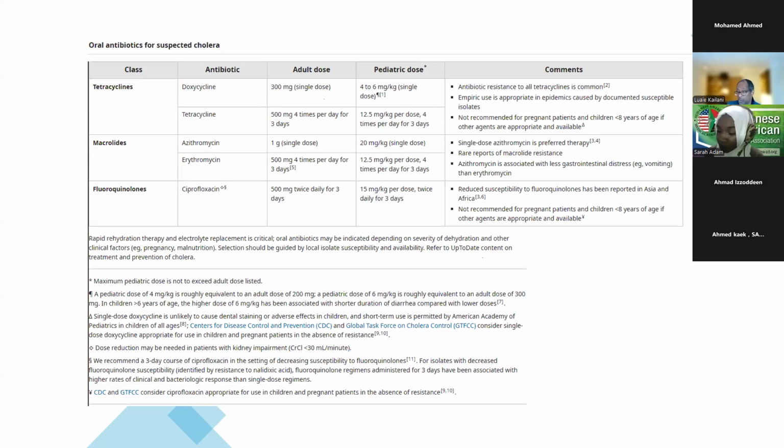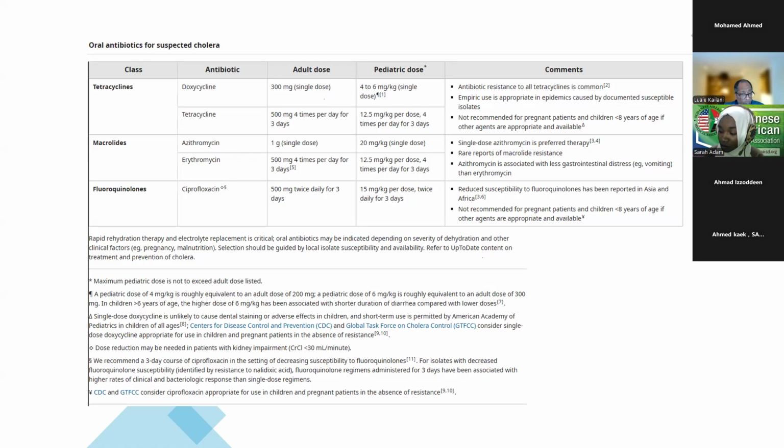Remember, this is a single dose. So for children, single dose doxycycline is unlikely to cause dental staining or severe adverse effects. So it's really a risk versus benefit kind of discussion.